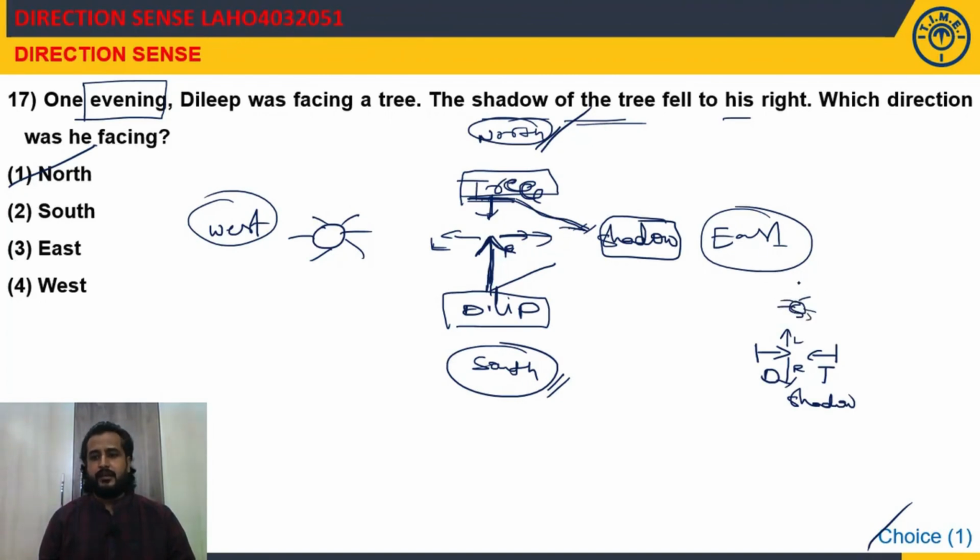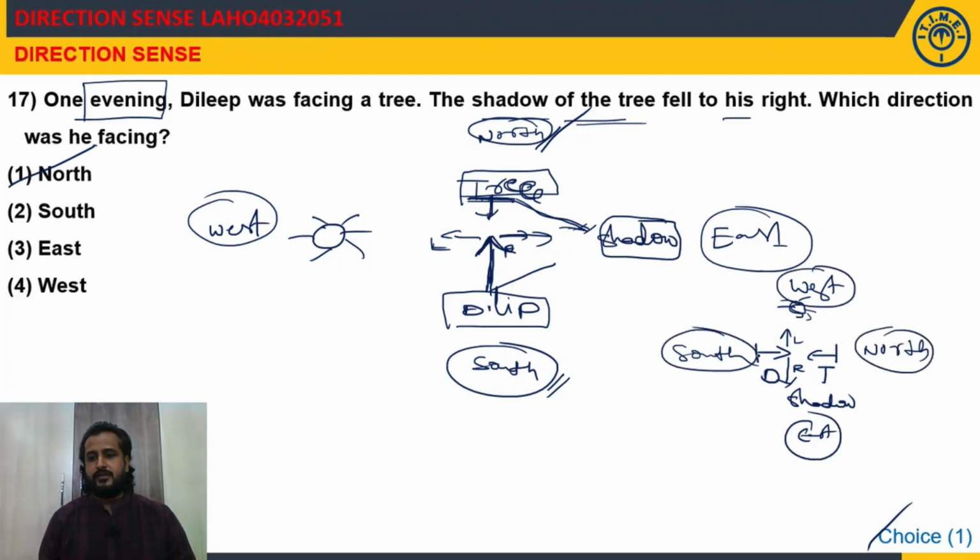As it is evening, the sun will be in the west. Here is the west. So here is the east. From the east 90 degrees, south. South opposite, north. So here is how we decide the four directions. So Dilip is facing towards north. So in any case, if you take it horizontally or vertically, it will be the same.